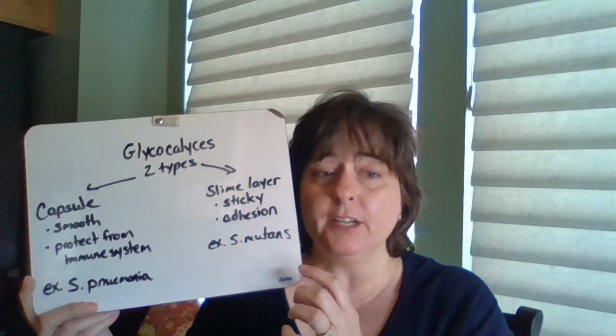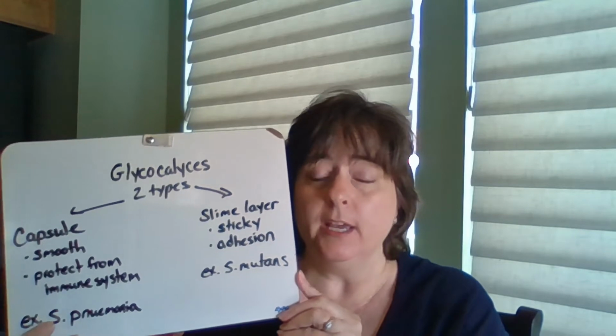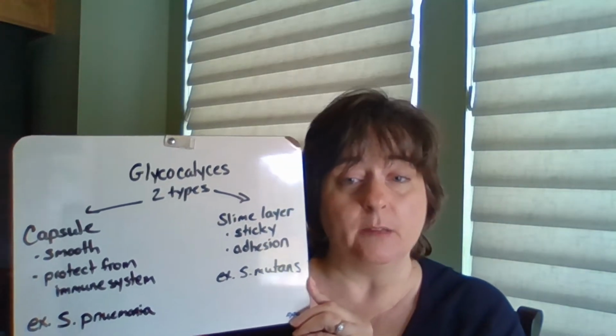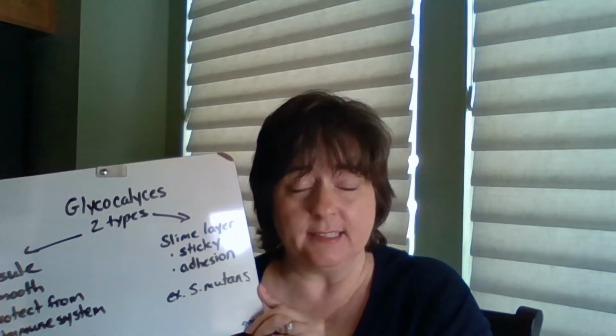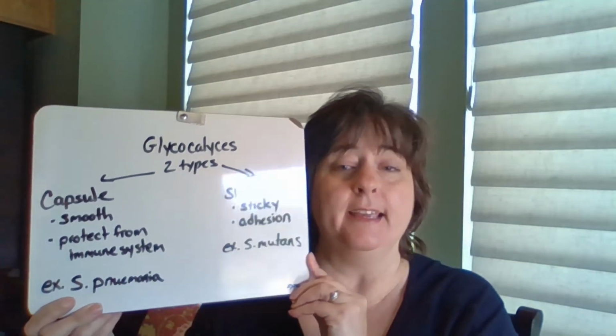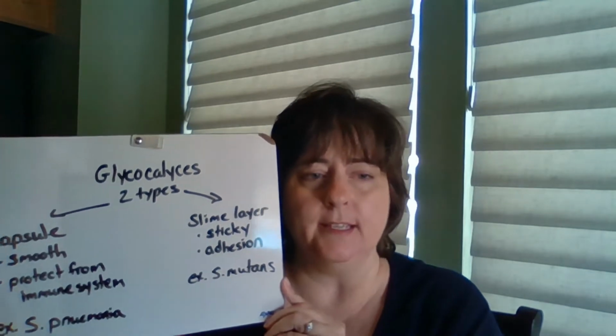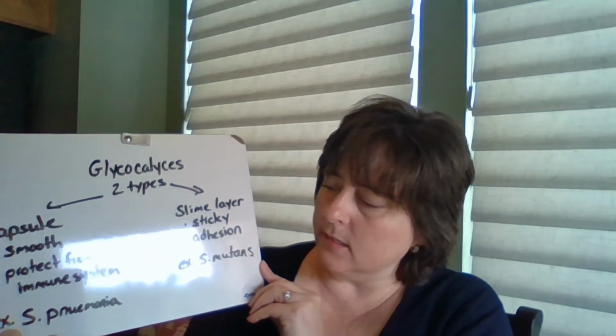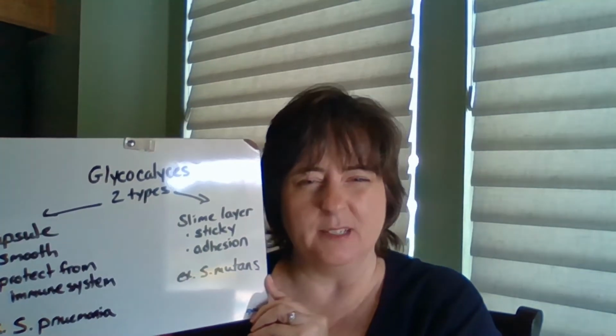So bacteria that do have a capsule are more likely to be pathogenic. All bacteria don't cause disease. Pathogens are bacteria that cause disease. If that bacteria has a capsule, it is more likely to cause us a disease because it is harder for our immune system to get rid of it.